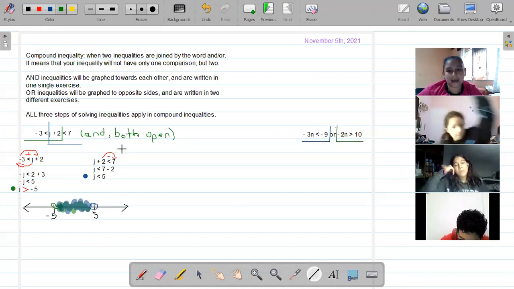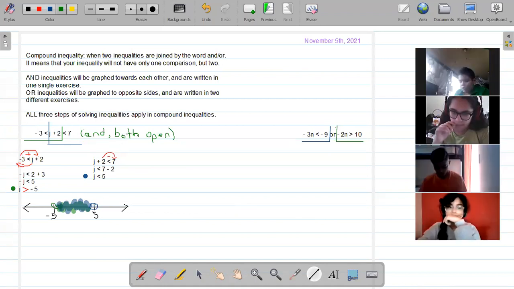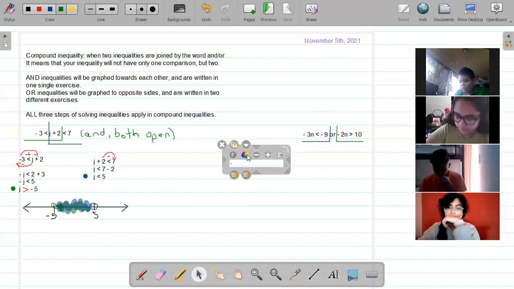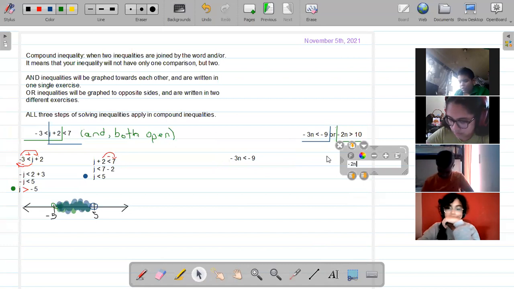So I don't have to repeat anything. There's nothing that's being repeated like in the and inequalities. The or is already separated into two. So it is easier. I'm just going to copy them. Negative 3n is less than negative 9. And the other one is negative 2n is greater than 10.